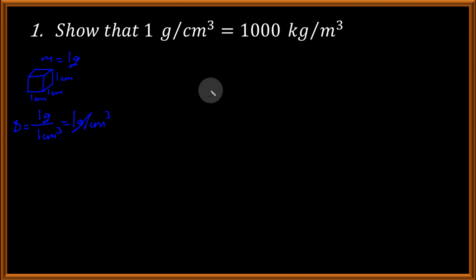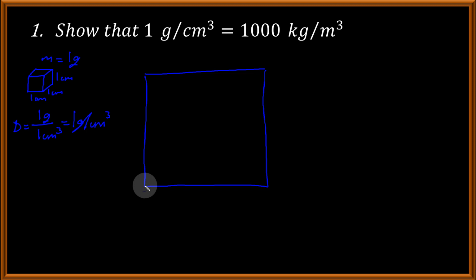Now, I want you to think about a cube of water of this size, measuring 1 meter by 1 meter by 1 meter. The height would be 1 meter, the length is 1 meter, and the width will be 1 meter.